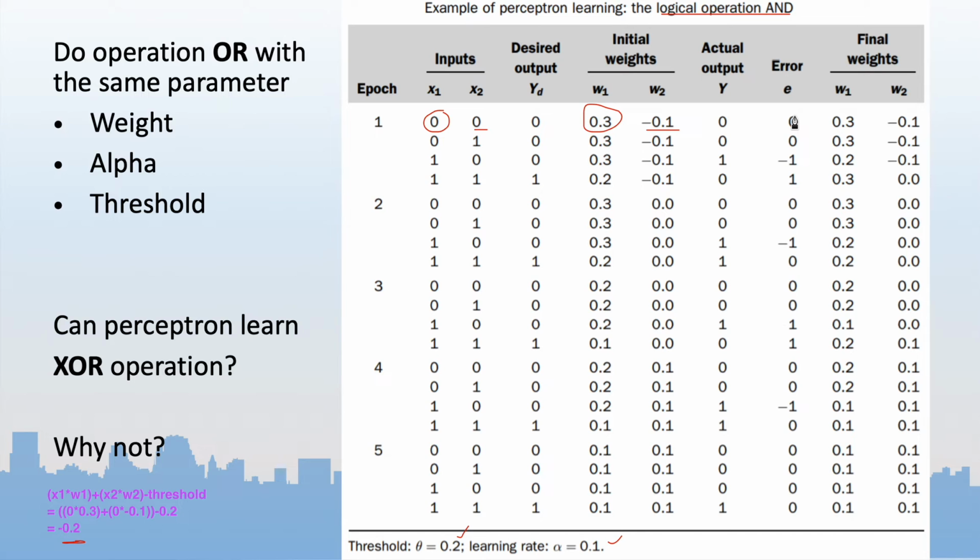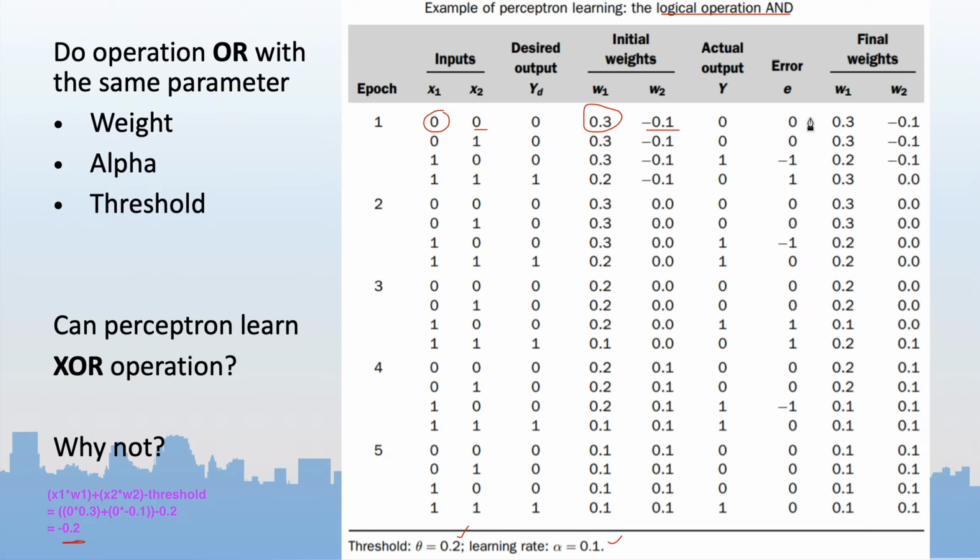And then once we get the actual output, we can find the error value. How do we calculate the error value? Error value is equal to y desired minus y actual. The y desired is 0, and the actual output is also 0, so the error becomes 0 minus 0, which is 0.